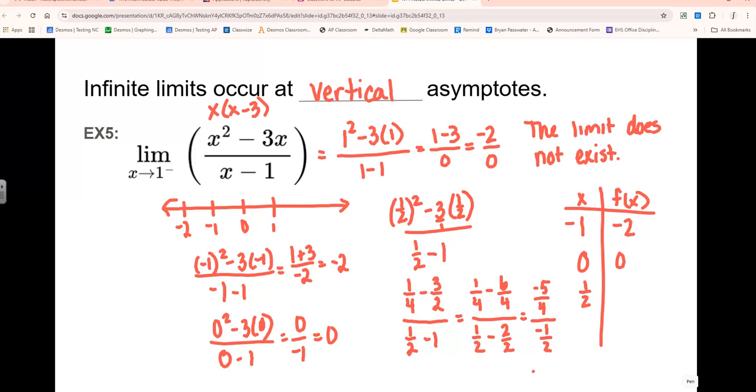Dividing fractions is easy as pie. Flip the second and multiply. I dropped my negatives because negative divided by negative is going to give me a positive in this case. Oh, yes, I did not flip. Sorry about that. And so I'm getting 10/4 or 5/2 or 2.5, however you want to write that.